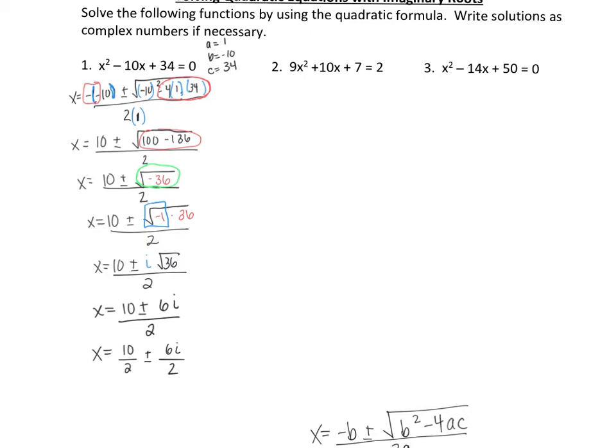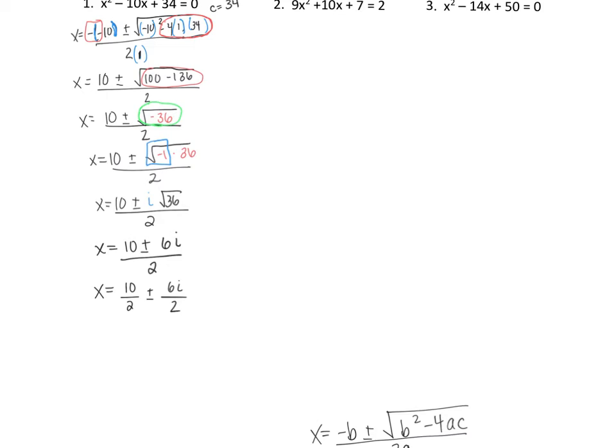So what I'm going to do is break it up into 2 different equations. What I mean by that is I'm going to have x equals 10 over 2 plus 6i over 2, and x equals 10 over 2 minus 6i over 2.